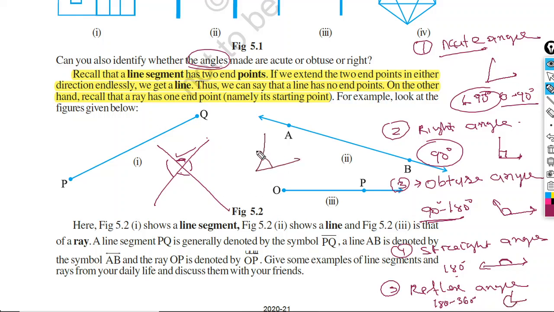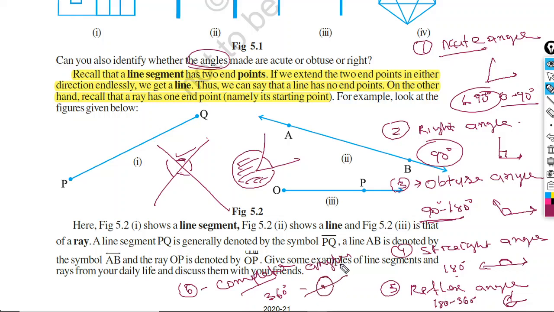This part is the reflex angle. And the last one, number 6, is a complete angle. What is a complete angle? The measurement is 360 degrees. And you will draw it like this, a complete angle.